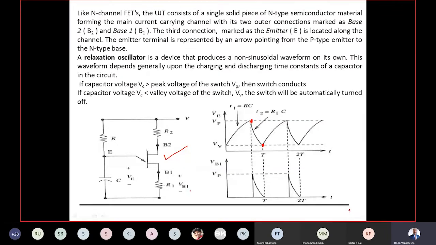Then we can vary the firing angle alpha by varying the resistance available in the RC network. When the resistance is 0, the capacitor charges very fast to the peak voltage. Then immediately I get one of the pulses over here, which is suitable to trigger my SCR at alpha 0. At time t equal to 0, I can turn on the SCR.